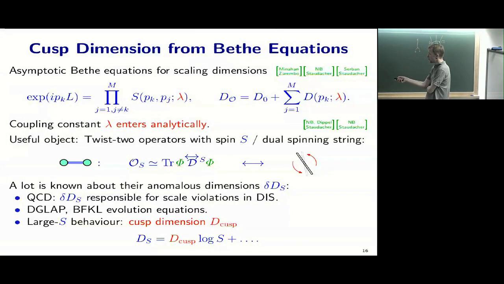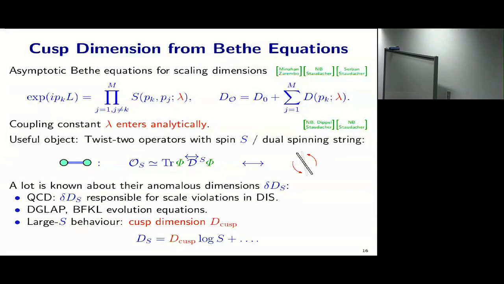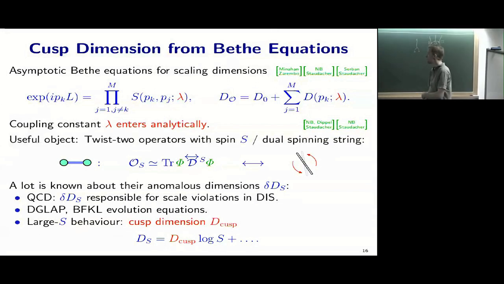So for large S, the anomalous dimension for given spin scales like the log of the spin, and the coefficient in front is called the cusp dimension. There are certain subleading terms which are also interesting, but maybe the most interesting coefficient is the cusp dimension.